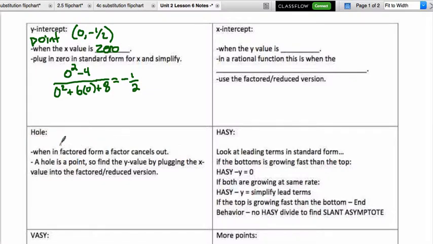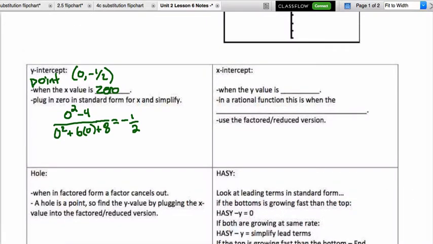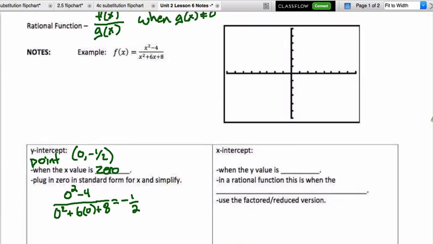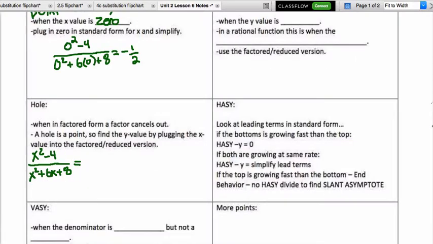So a hole is when your equation is in factored form and a factor cancels out. So the x that would make a 0 cancels out. A hole is a point, so find the y value by plugging the x value into the factored reduced version. We're just going to take our equation here and factor it.